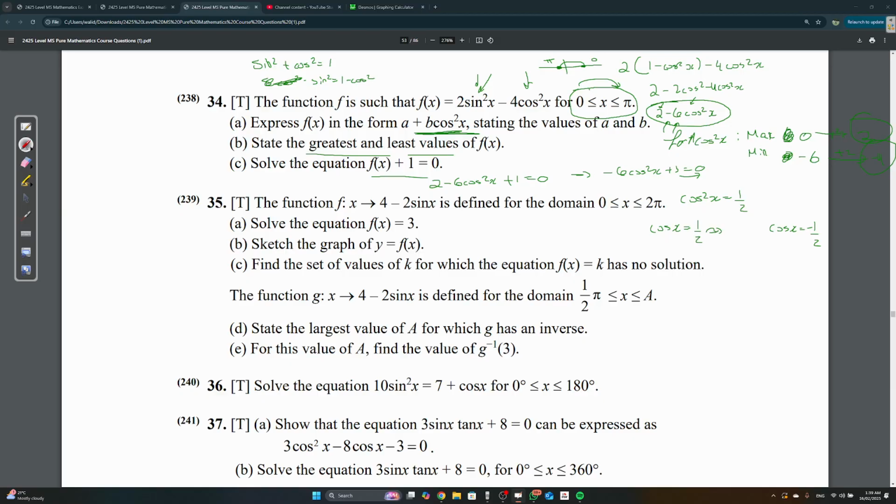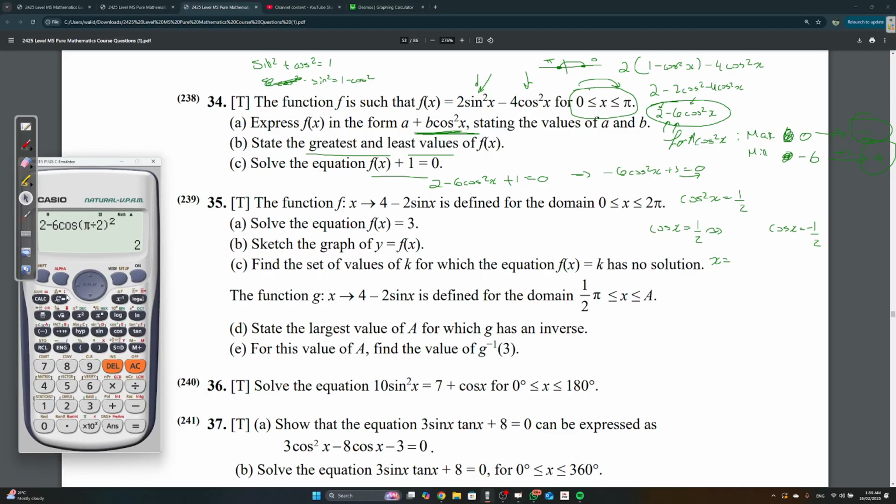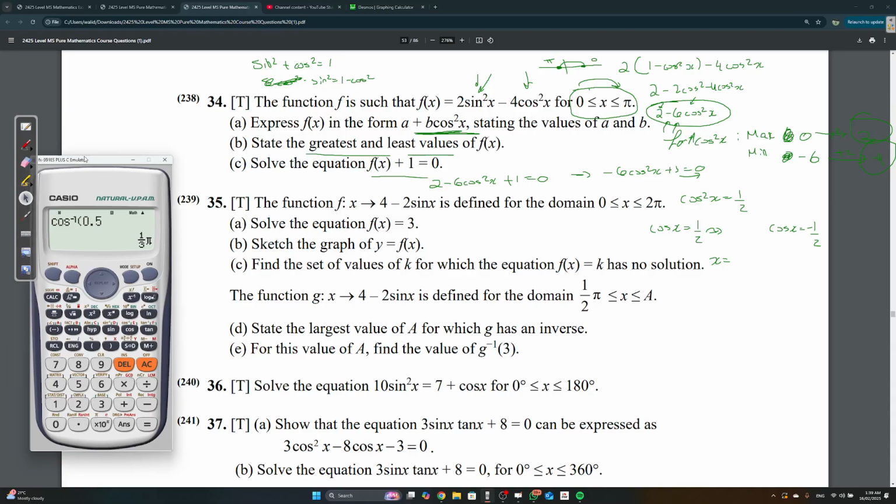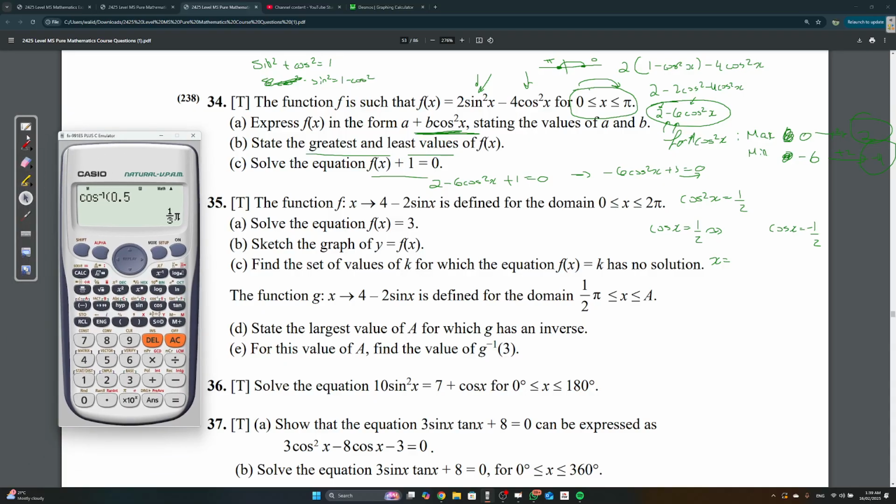Okay, this will lead to x being in, I don't know, what's shift cosine half? In radians, shift cosine of root 1 over 2.